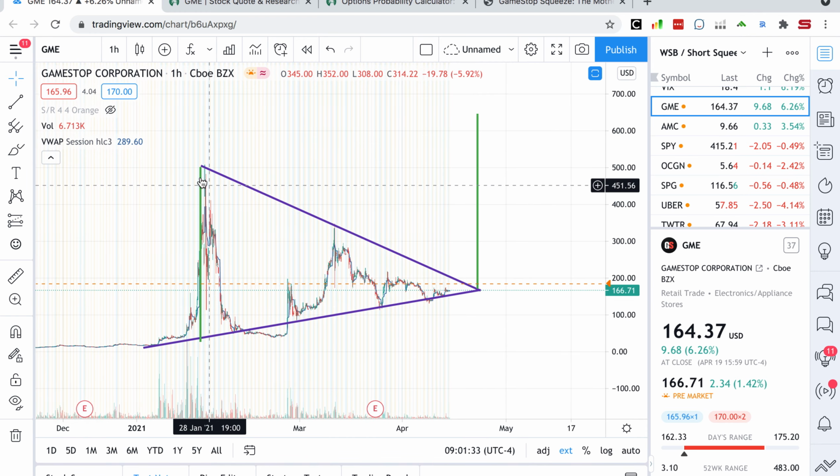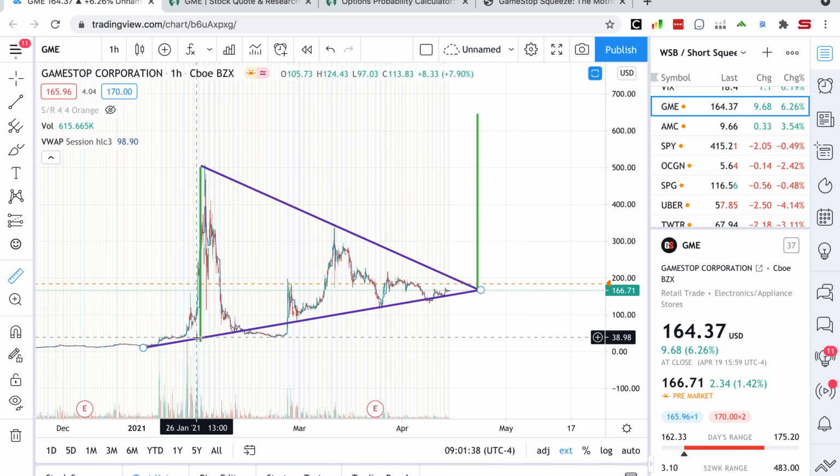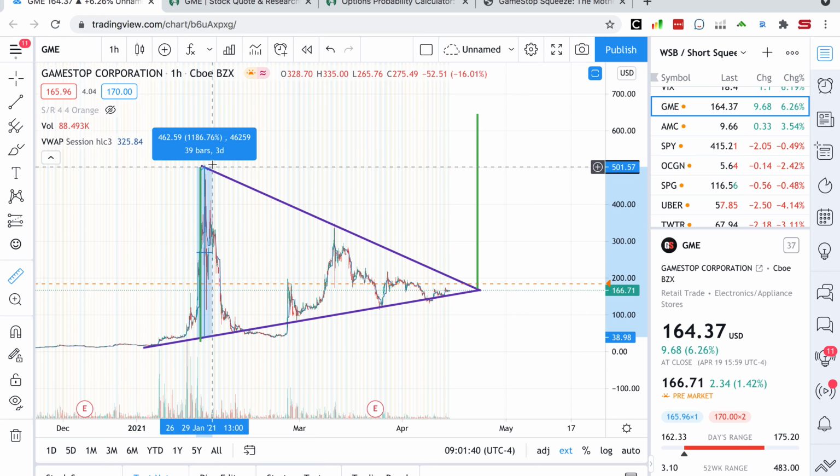If you look, from the bottom of this wedge to the top was a 1,000% increase, a 464 point increase, which is a 1,000 point increase.